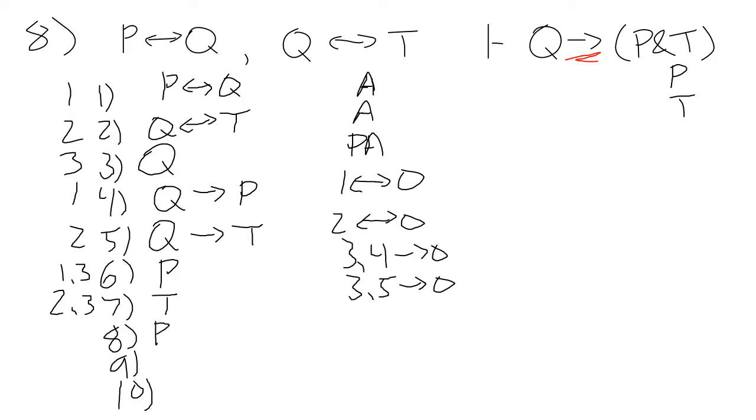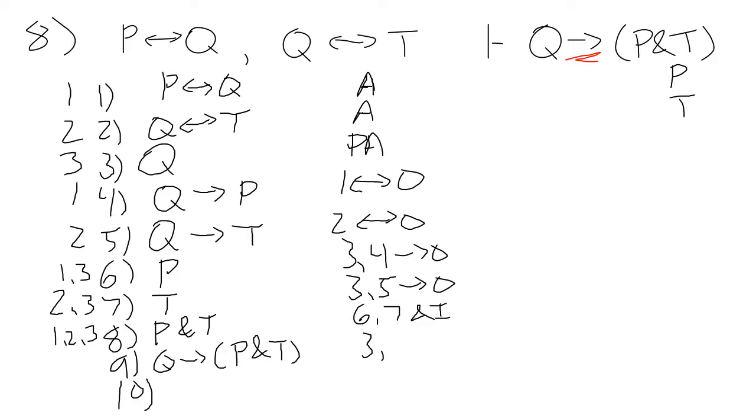Now we just have to put them together, from 6 and 7. And then we can arrow in P and T from 3 and 8, arrow in. Then our 3 drops out, and that's problem 8.